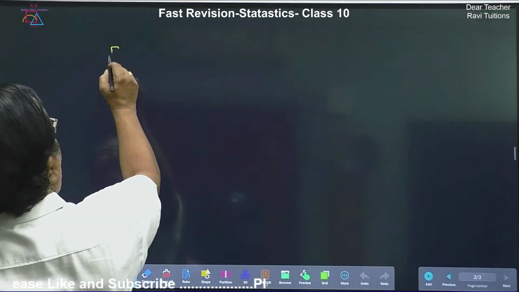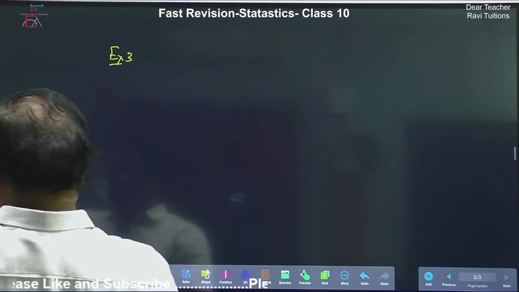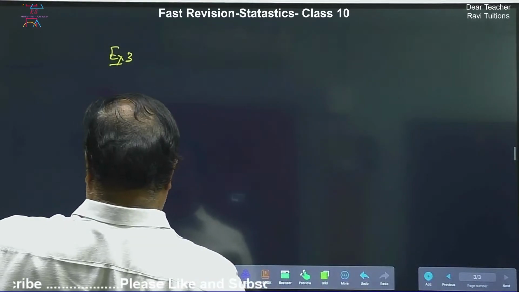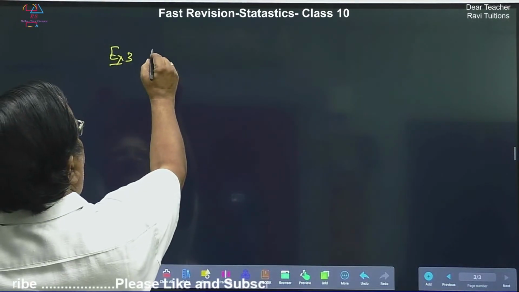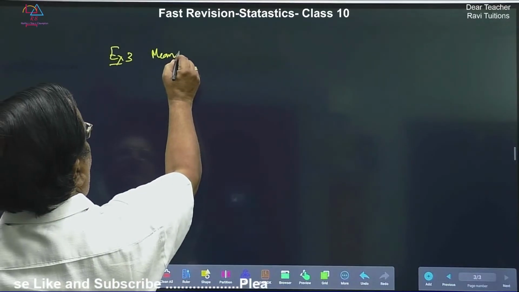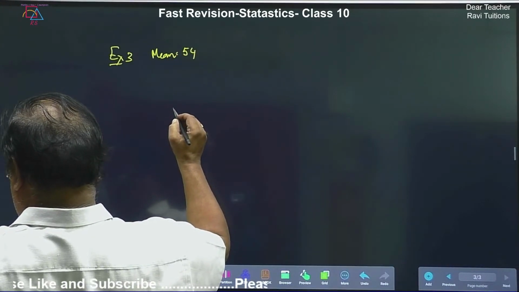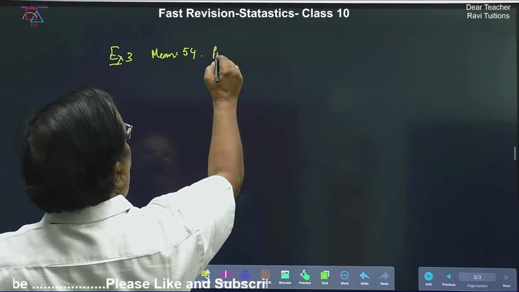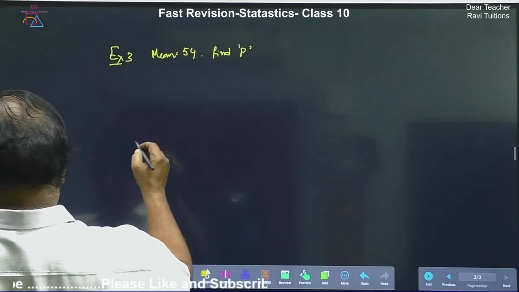Example 3. Today this is my example 3. The mean of the following distribution is 54. So mean is equal to 54. Find P. This is also a missing frequency. Okay.